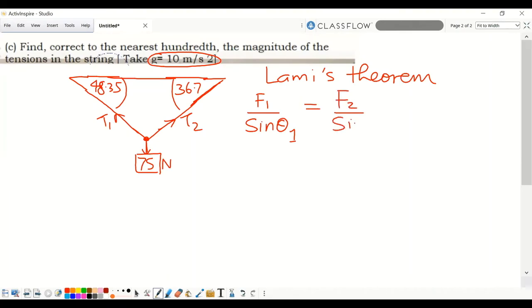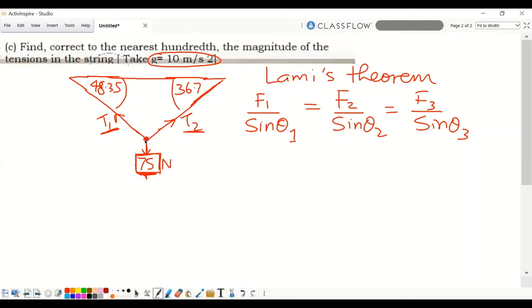F2 over sine theta 2 equals F3 over sine theta 3. So let's assume that T1 is F1, T2 is F2, and 75 newtons is F3. And what we need? The angles.